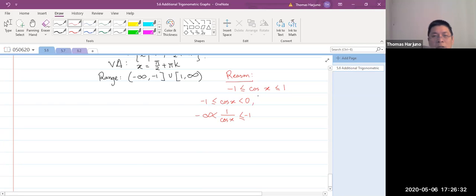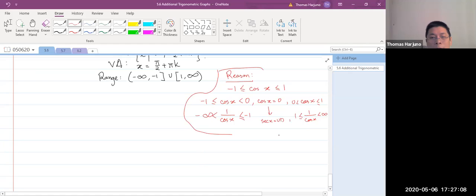That's when cosine is negative. When cosine x is 0, of course, the reciprocal is undefined, so secant x is undefined. When cosine x is positive, then the reciprocal will be at least 1 and go to infinity, since 1 over 0 goes to infinity. That's the first reasoning.